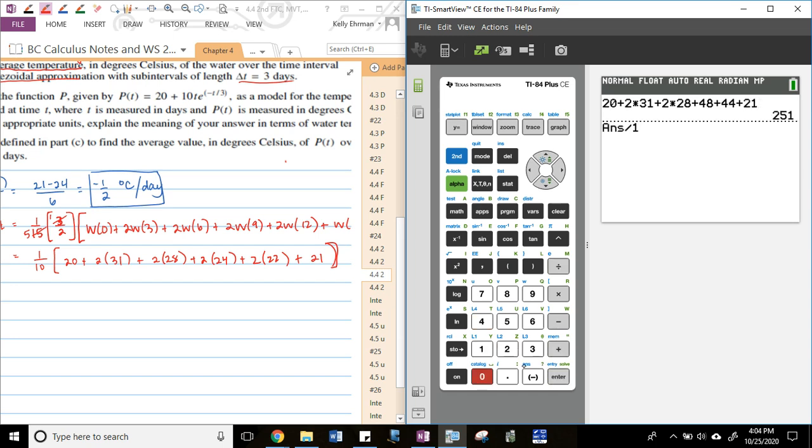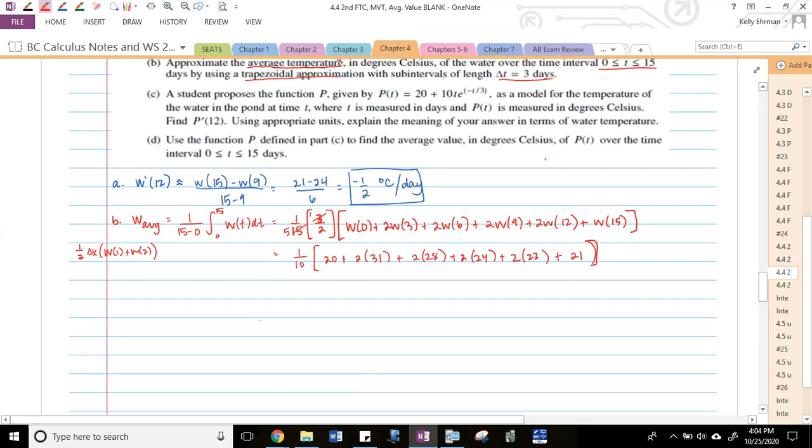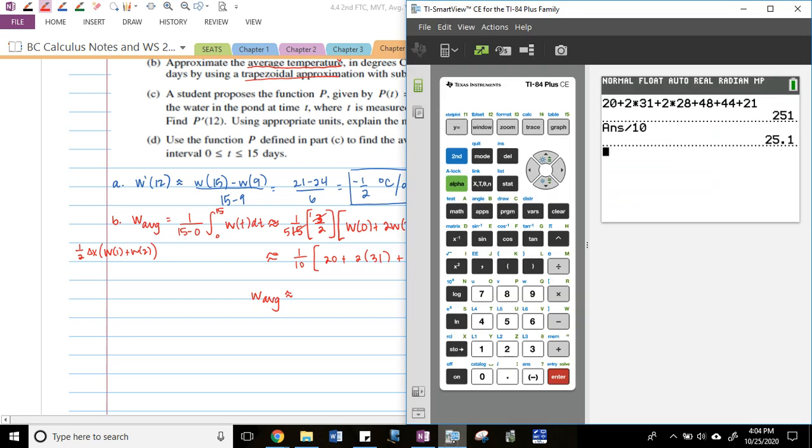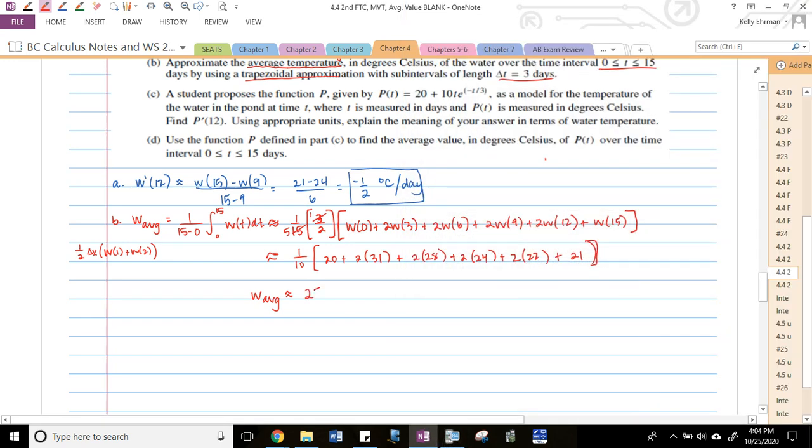Divide that by 10. 25.1. Remember, this is W average, and it's an approximation. I probably shouldn't have used equal signs there. It is approximately equal to 25.1 degrees Celsius. It's not a rate, it's an average temperature.